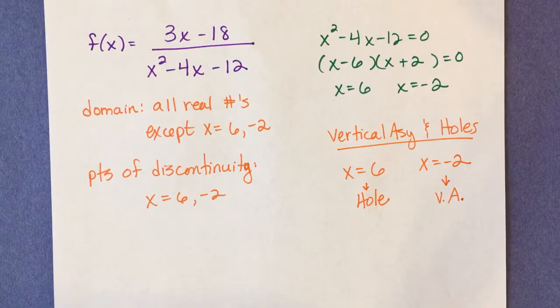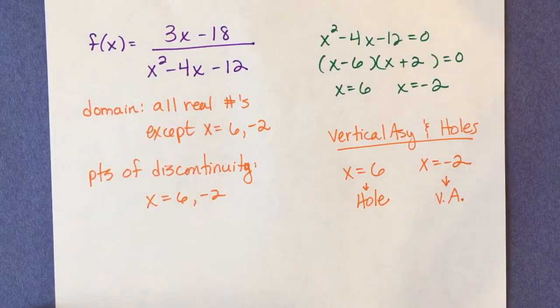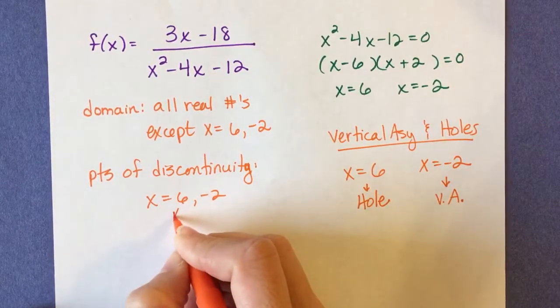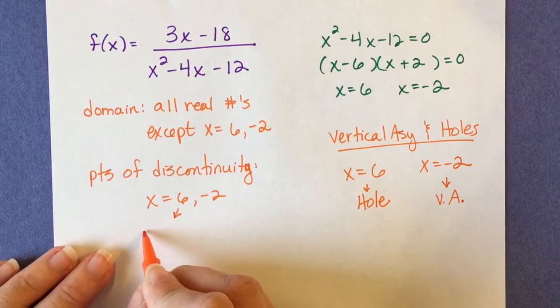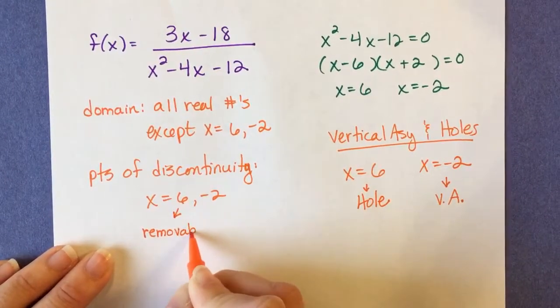Now, whether we identify it as removable or non-removable, and actually whenever you go to do your homework, at the same time it asks about points of discontinuity is when it'll ask about removable and non-removable. So since 6 is a hole, then based on your notes I told you that that would be a removable discontinuity.